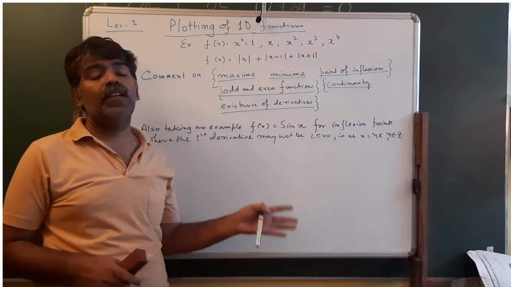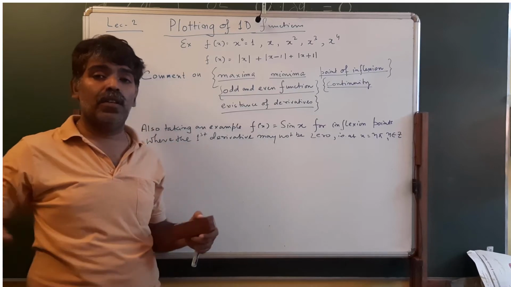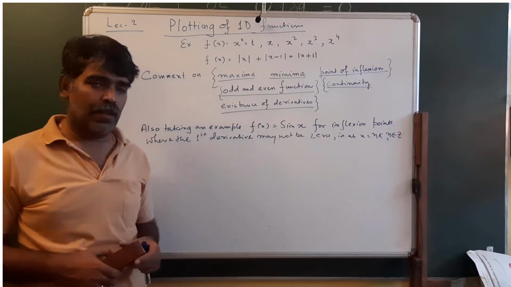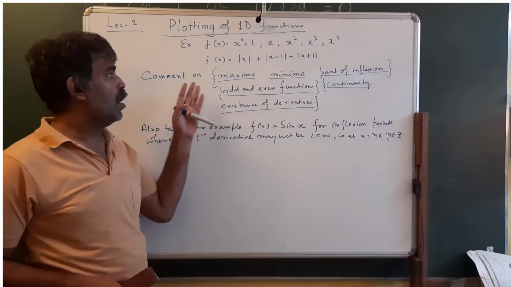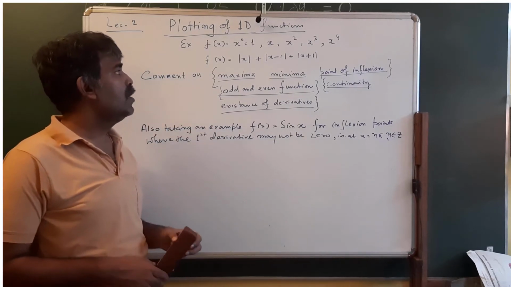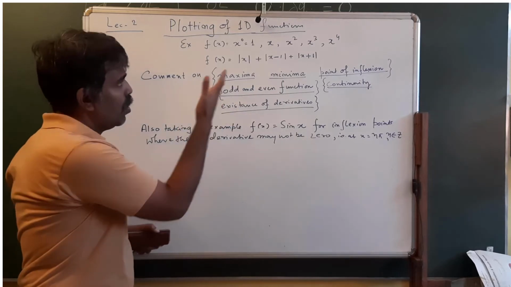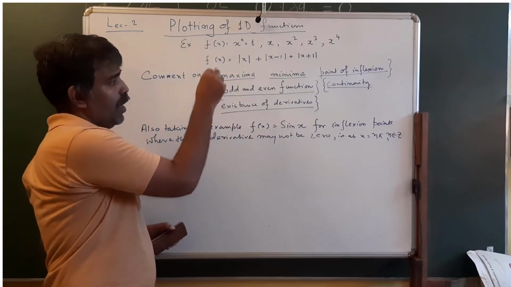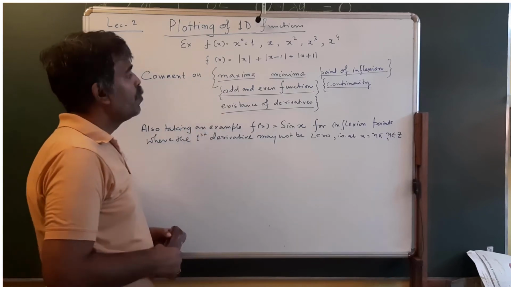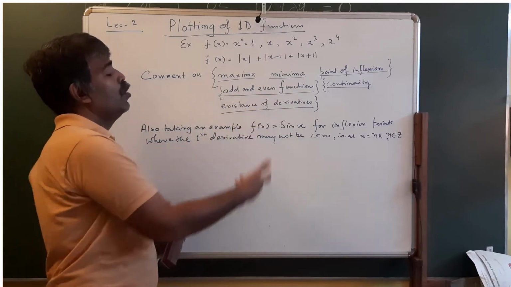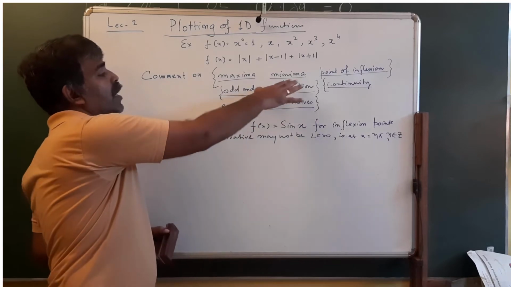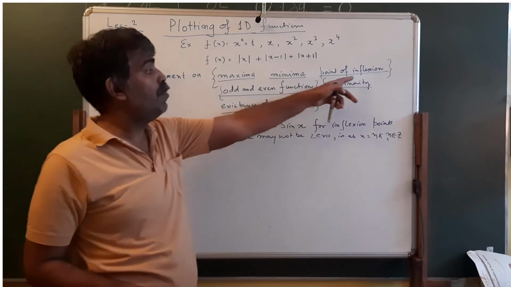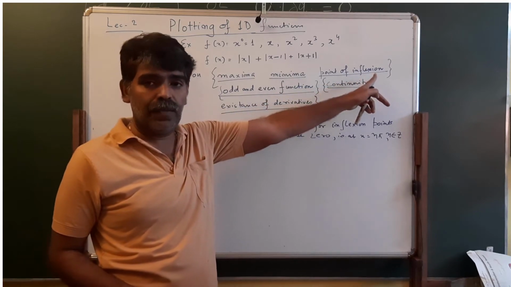But you can definitely see my lectures on derivatives, where you will feel the geometric significance of slope. In the context of graphs, we shall discuss maxima, that means where you have a maxima of the graph, both locally and globally. Then minima, where it is minimum, where the points of inflection are. What is the point of inflection?